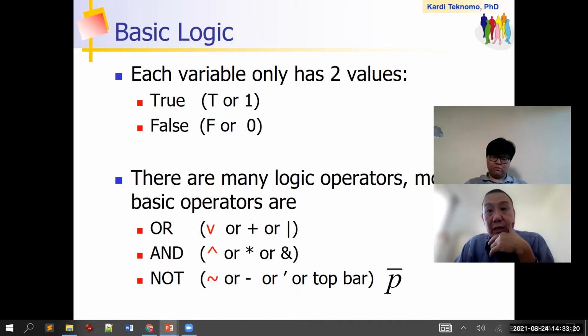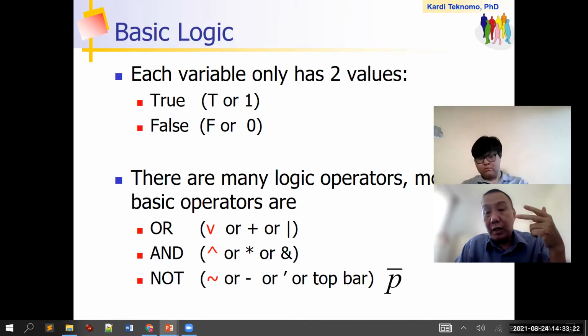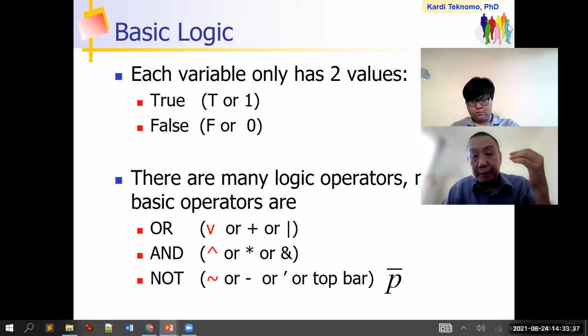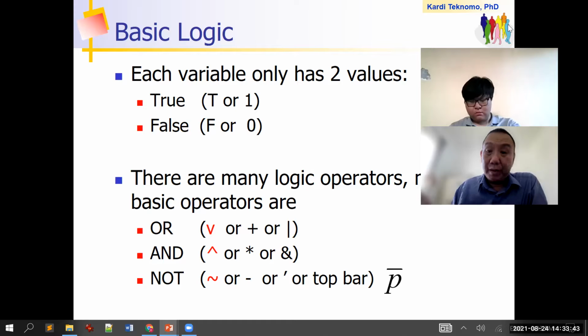Basically, when we learn about logic, we learn about just two values: true or false. There are many logic operators that you can learn later on, but the most important logic operators are just 5. What are they? Number one is OR.